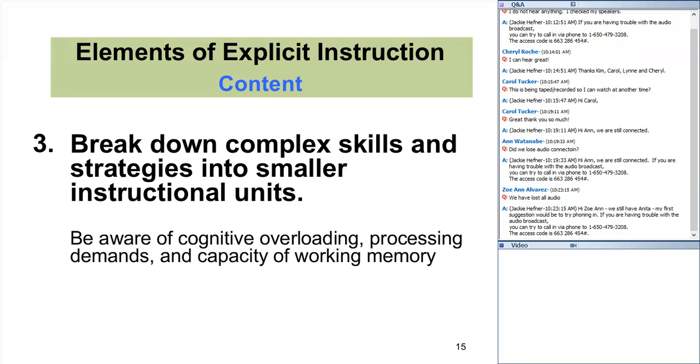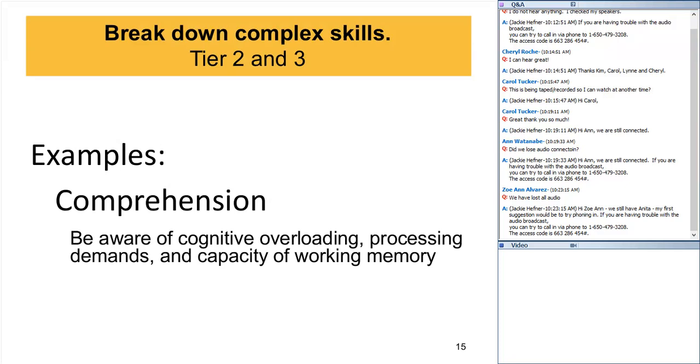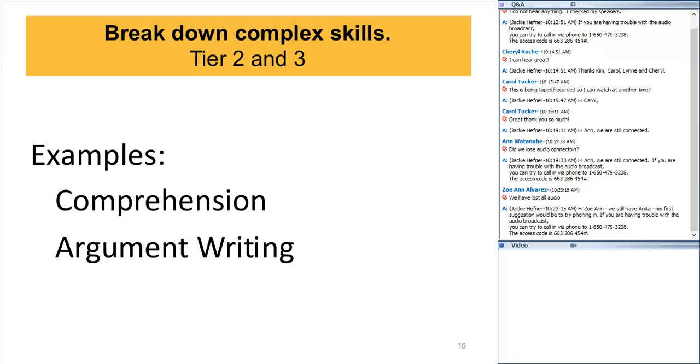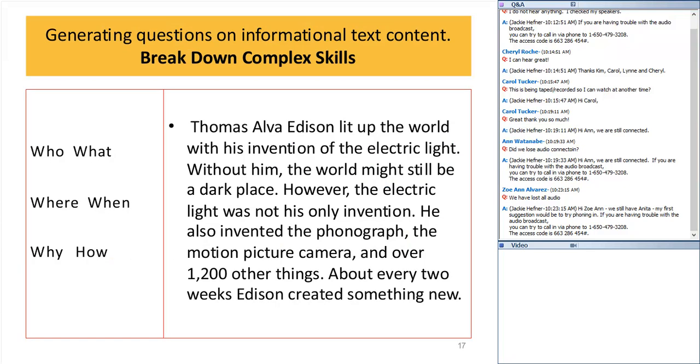Let me use an example that I used in an earlier webinar where I was teaching a comprehension strategy and a writing strategy. And let's look at the comprehension one first.